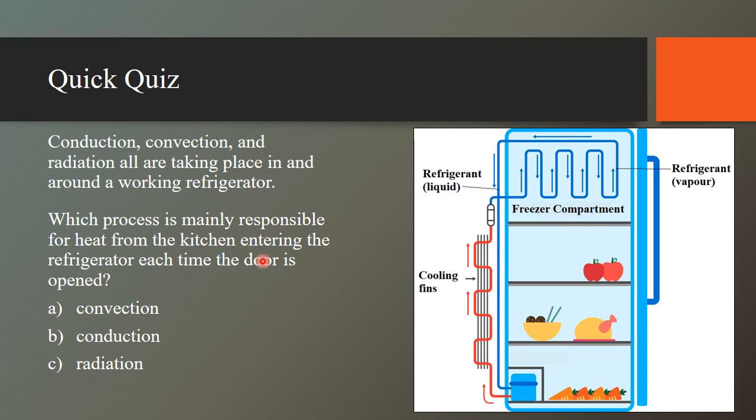You feel cold because the heat transfer is taking place. You need to tell whether heat transfer takes place by convection or conduction or radiation. Which of these processes is responsible for that heat transfer? The correct answer is convection.